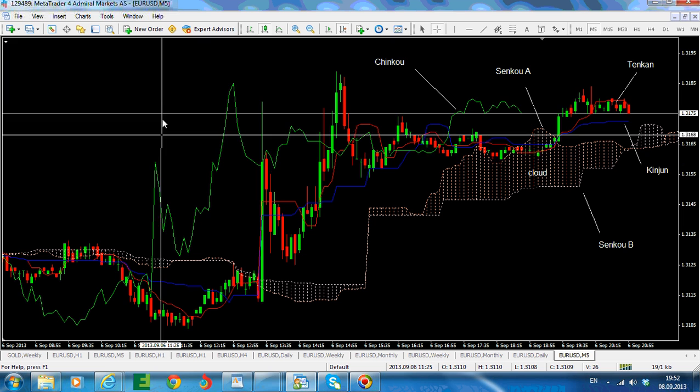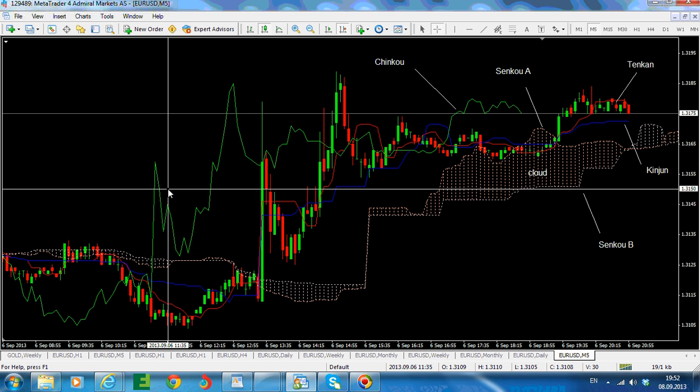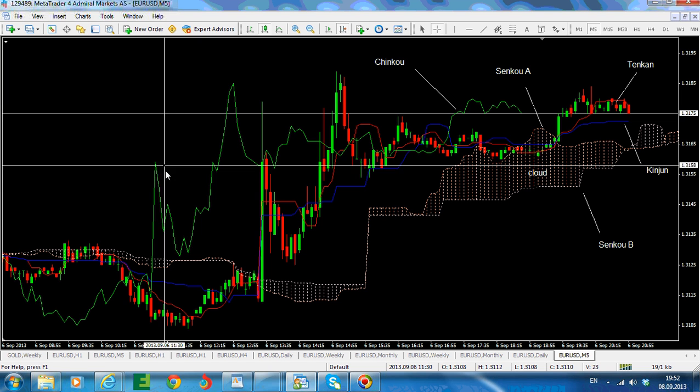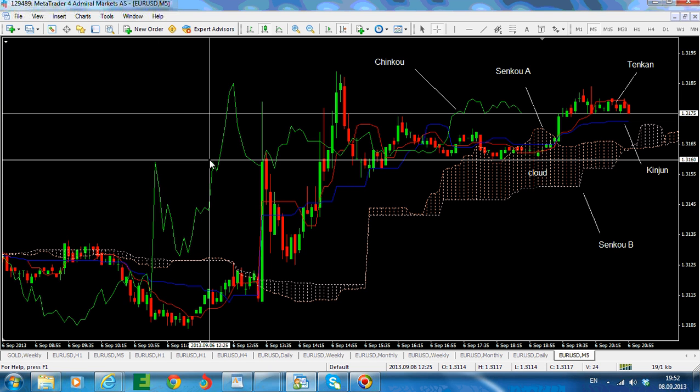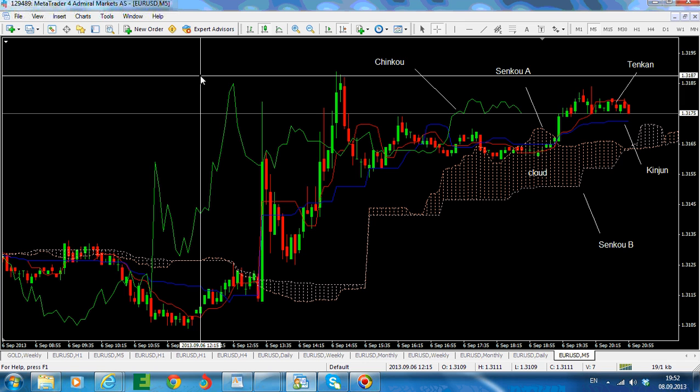But the Chinkou does not take this into consideration. So that should be treated with caution, as this is filtered somehow. It resembles a little bit the Heiken Ashi, if you are familiar with the strategy, but that is a totally different area.